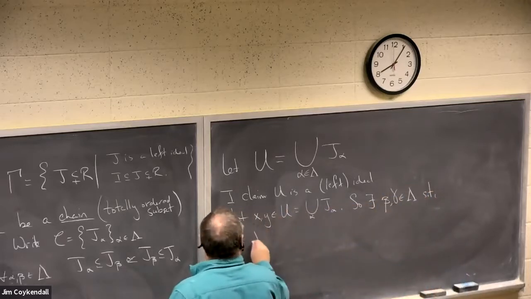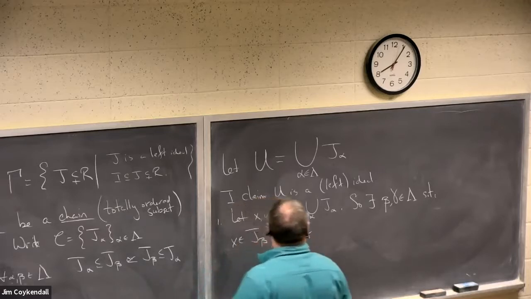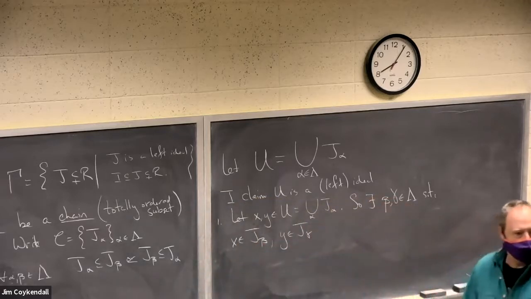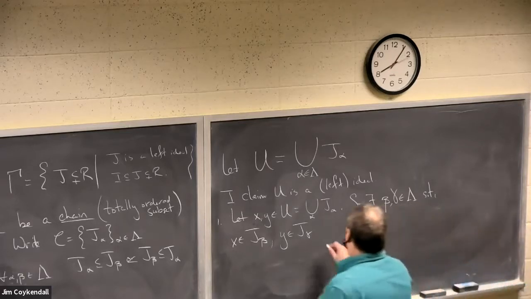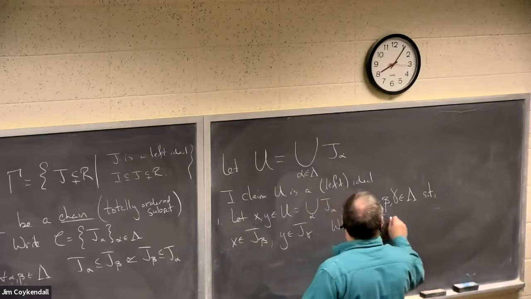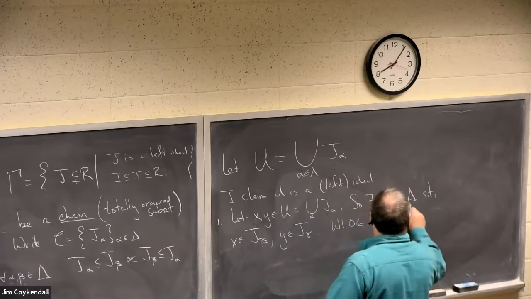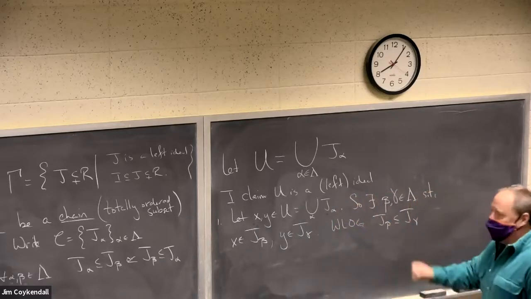Say X is in J alpha, Y is in J beta. And here's the part where I use that this is a chain, because one of these two has to contain the other.